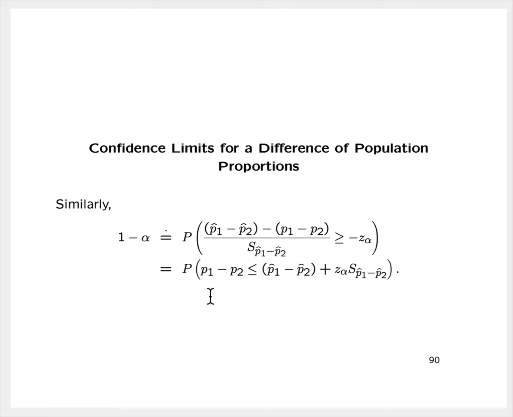And so this implies that the probability that this random variable here, P1 hat minus P2 hat plus z sub alpha times the estimated standard error of P1 hat minus P2 hat, is greater than or equal to P1 minus P2 is approximately 1 minus alpha.